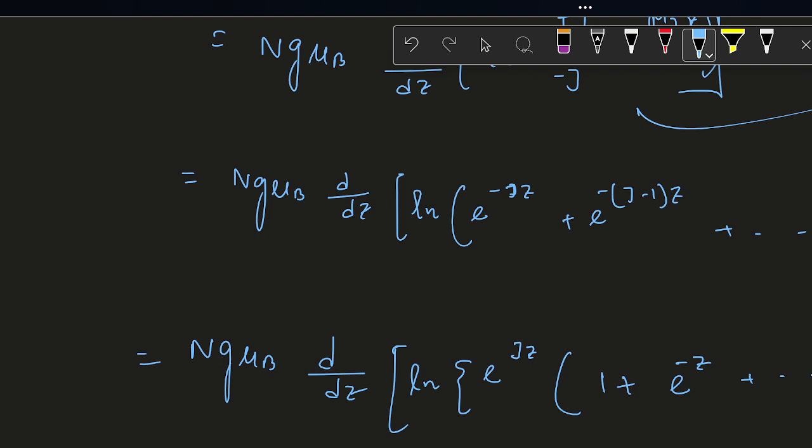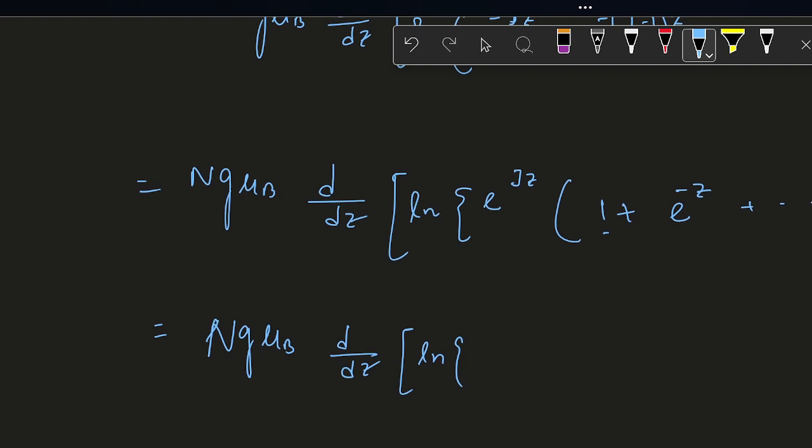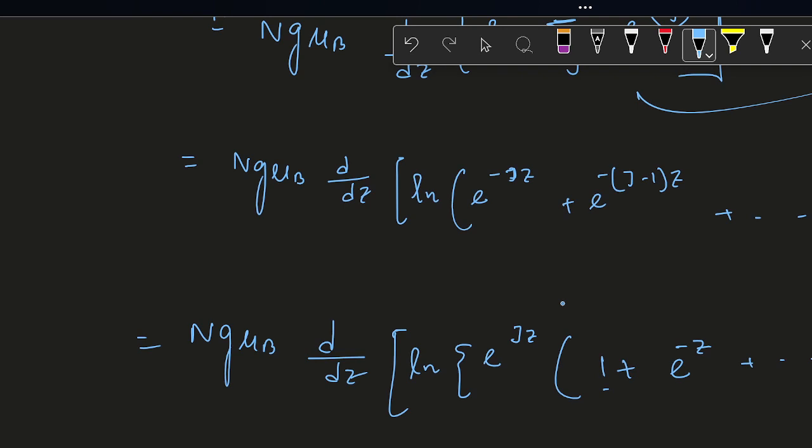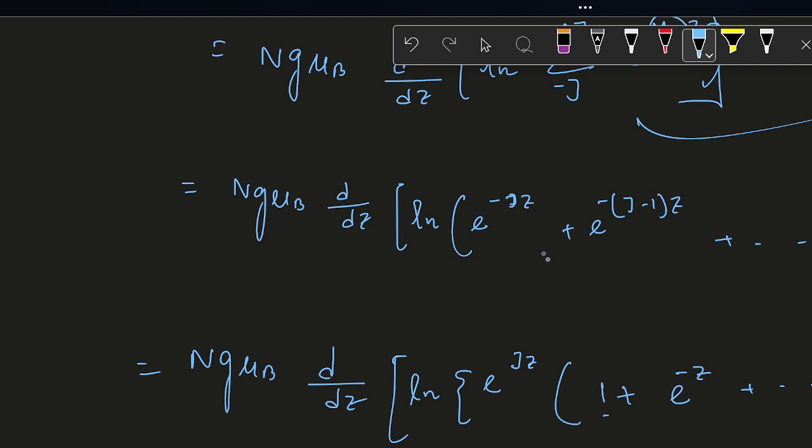So we can identify this as a geometric series, where the first term of the series is 1 and the multiplicative factor of this series is e to the power of minus z.